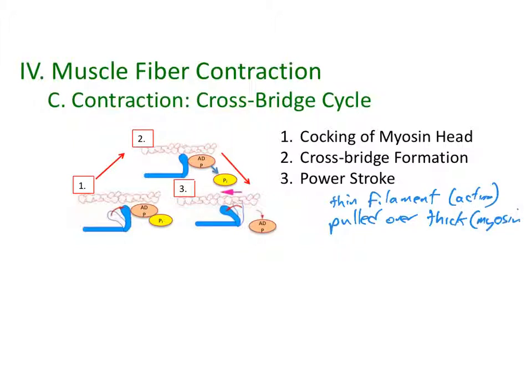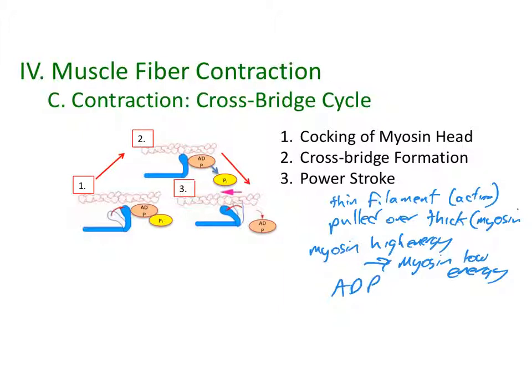And doing this is the release of myosin from its high energy state to its low energy state. Goes to myosin low energy. And as it does this, ADP is released. So adenosine diphosphate released.